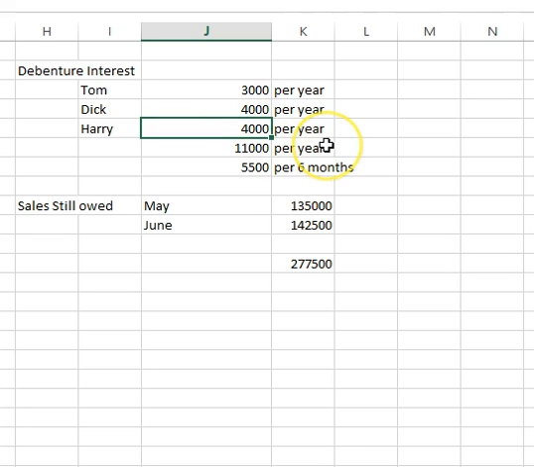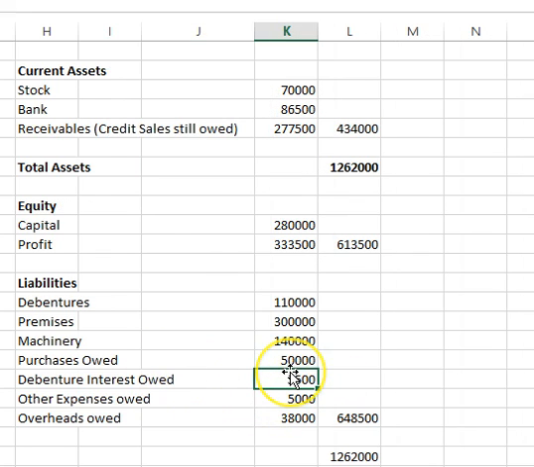Harry is owed 4,000, taking his debenture of 40,000, multiplying by 10%. We've added up the three of those to give 11,000, and again that's per year, but we only want the interest for 6 months up until the 30th of June, and so we're dividing that by 2. Again showing that within our liabilities.